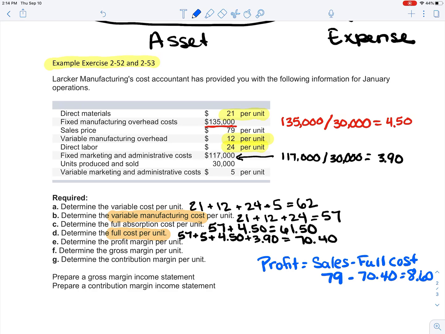Now let's look at our gross margin. So first we did our profit margin. Now we're going to look at our gross margin. The difference in your gross margin is your sales minus your full absorption costing.